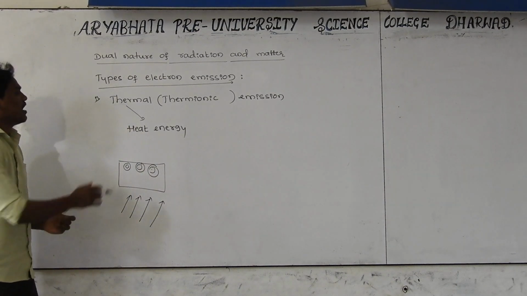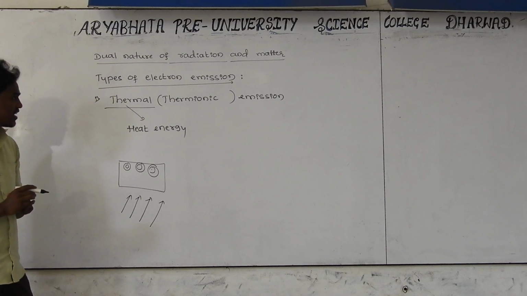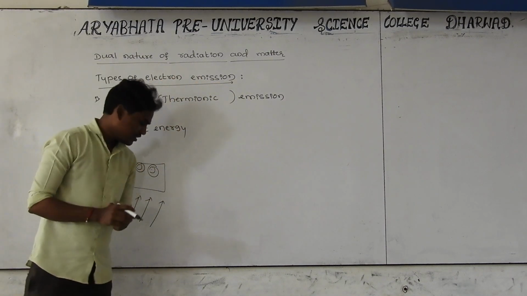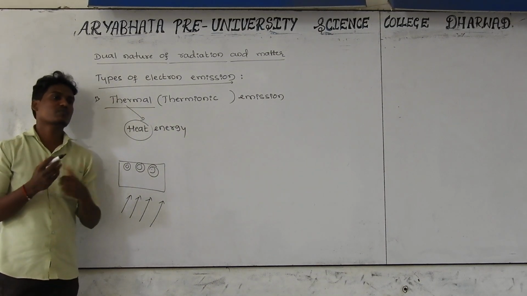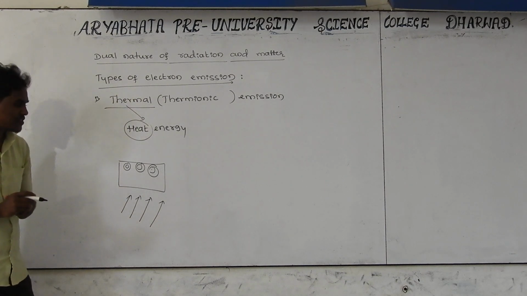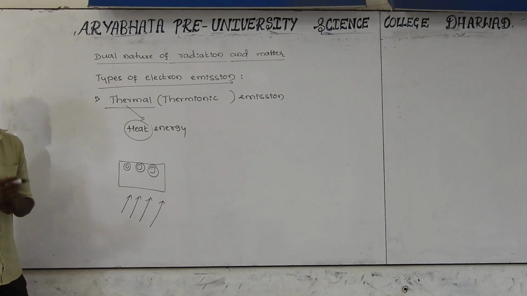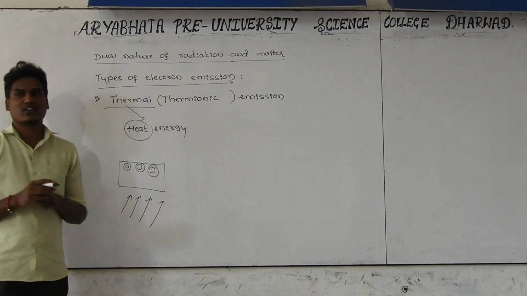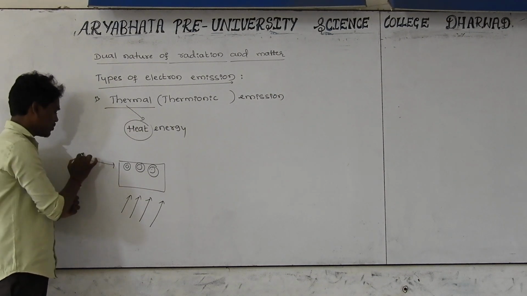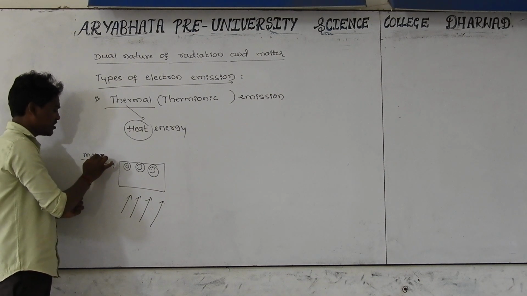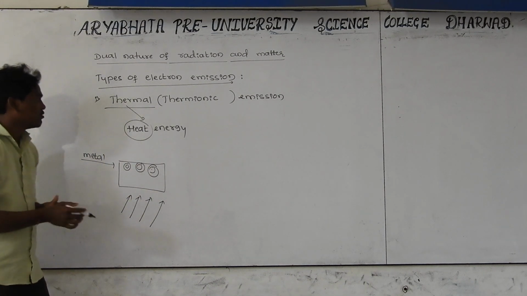Here, the title itself indicates thermal emission. Thermal means heat energy. By using heat energy, there is a possibility to emit the electron from the surface of the metal. Just you can take any one metal, whether it is cesium or platinum or sodium, mercury, whatever it is. Generally, I have considered one example. This one is a metal. Our intention is to emit the electron from this surface of the metal here. By using which method?